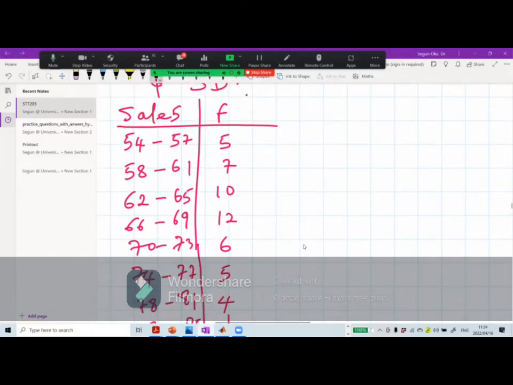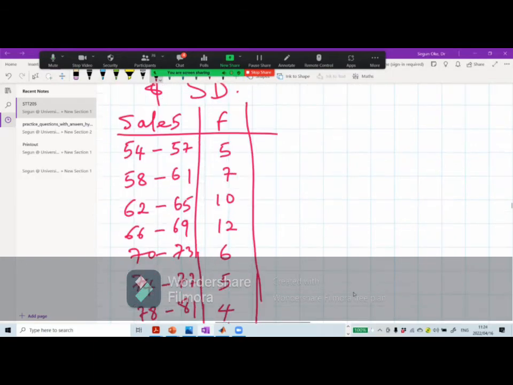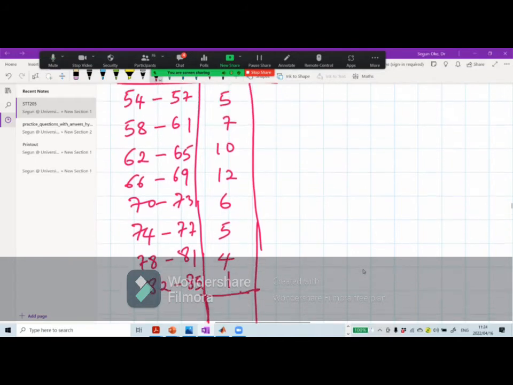Write the steps down. The first thing you need to do is get your class mark. First, let's add all our f. F is your frequency. The summation of f is 50. Let's write it down.